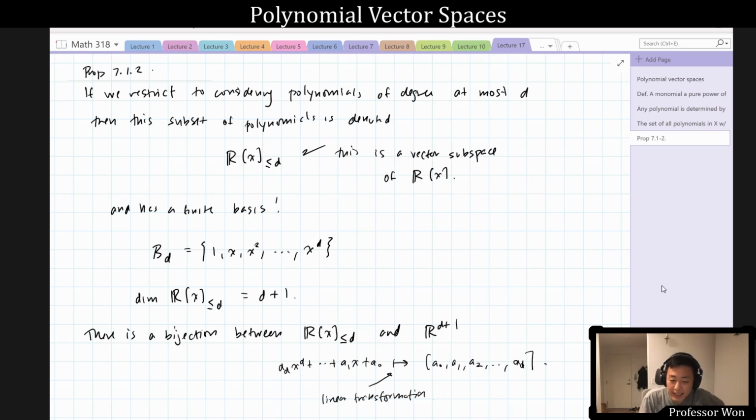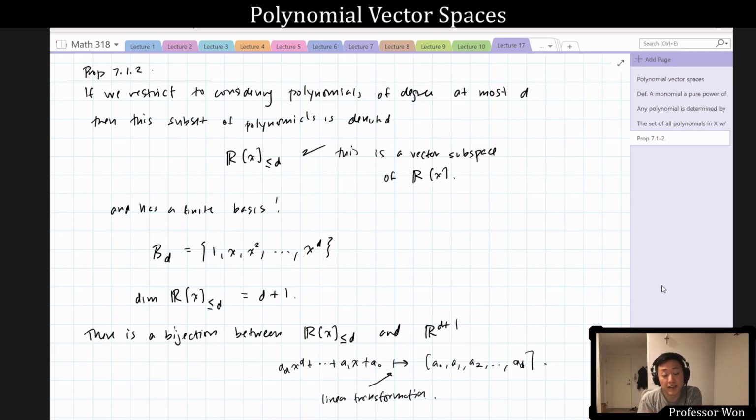And again, this is not a surprising result, right? The point is that when you add two polynomials, you add them term by term. When you add two vectors, you add them position by position. So the addition, you're doing the same thing, right? You're just adding them term by term on both sides. When you scalar multiply a polynomial, you scalar multiply into every single coefficient. So you just multiply every coefficient by the same scalar.